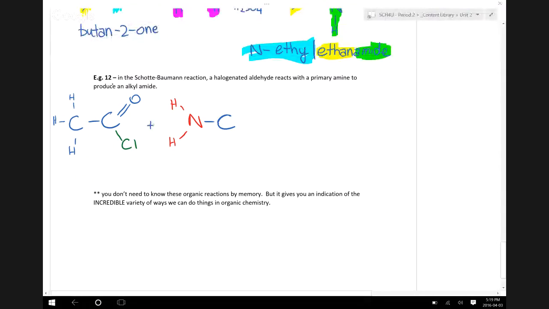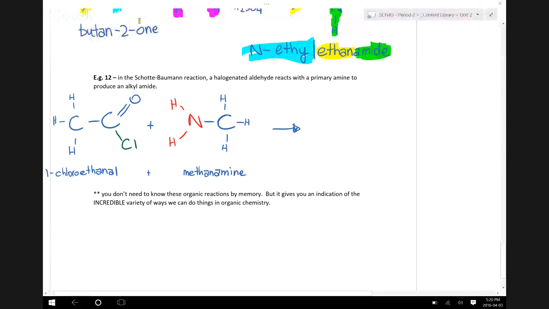Right, so we're going to look at this reaction. Where we would have 1 chloro, and now reacting with methanamine. And you can probably predict how this one is going to work.